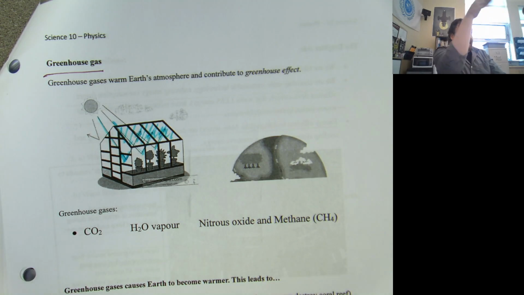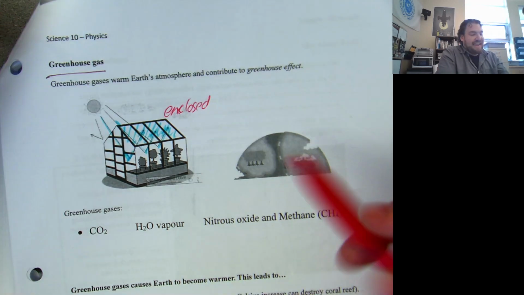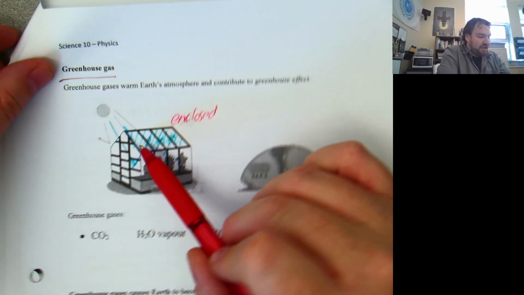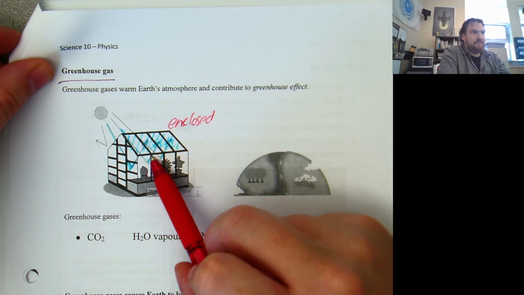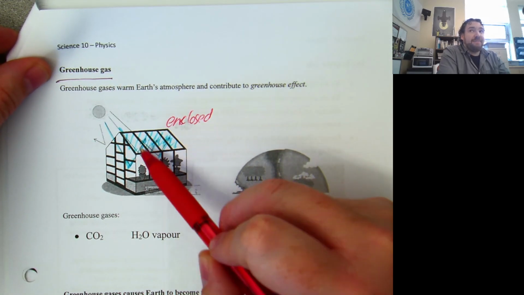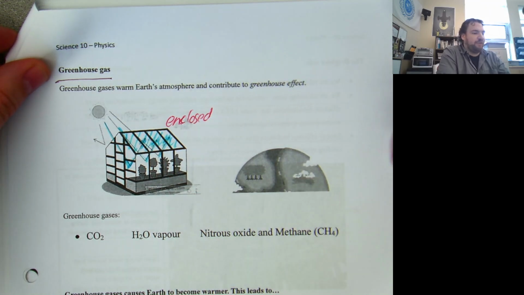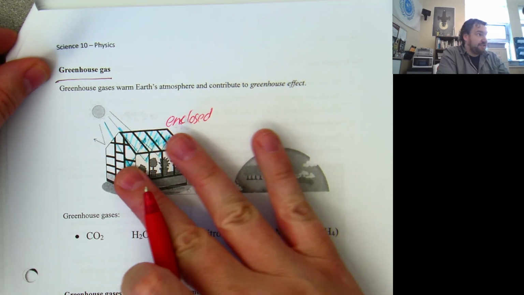And plus, it's a closed area. It's enclosed. That's an important detail. It's enclosed, and the sun's light is not allowed to escape. The heat bounces in, and then it bounces around inside this box because it can't go back out the way it came in. The glass, the plastic, whatever you've put on there to create your greenhouse is covering it up.